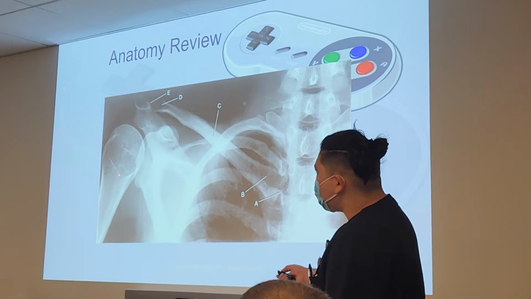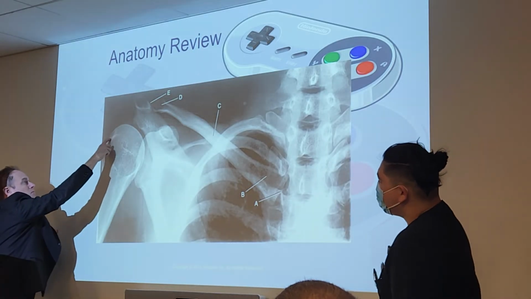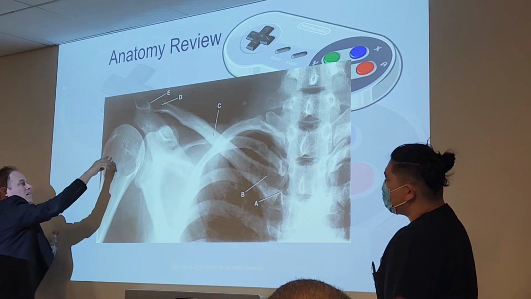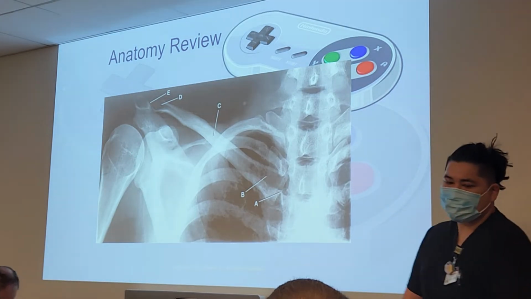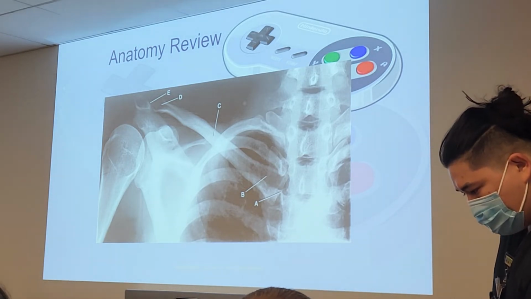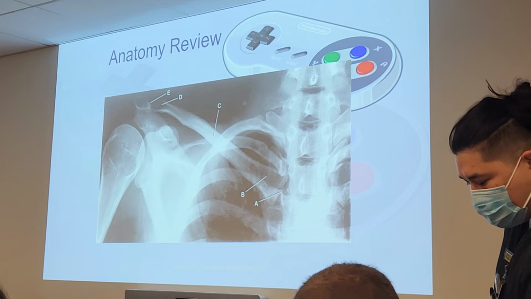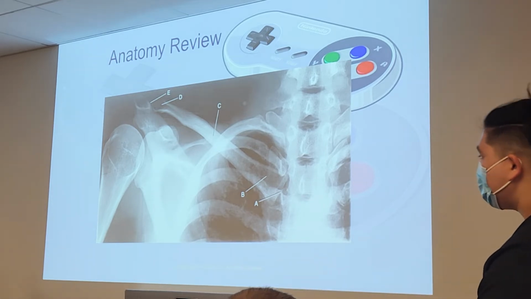We're not able to see it here because it's superimposed. The intertubercular groove is a little superimposed right here. Those grooves are going to be more towards the head of the humerus, more superimposed on the actual head of the humerus.